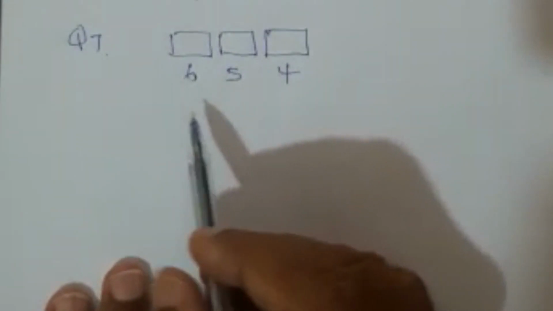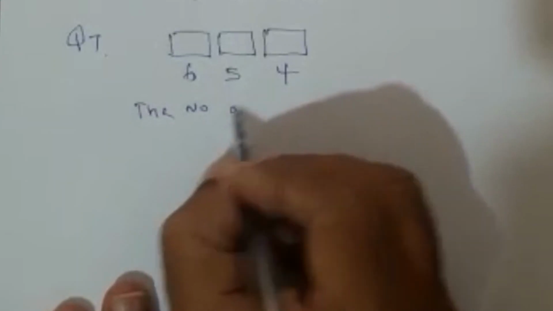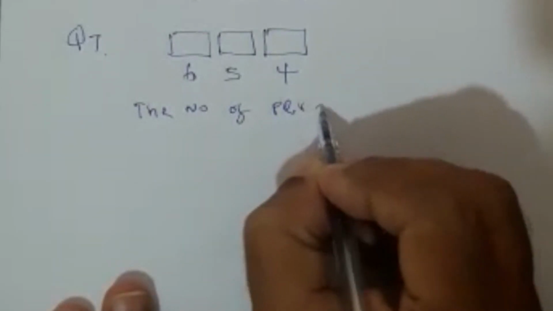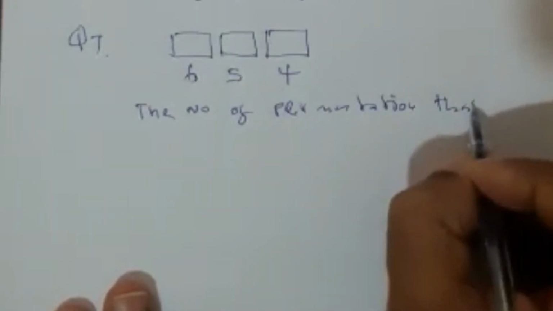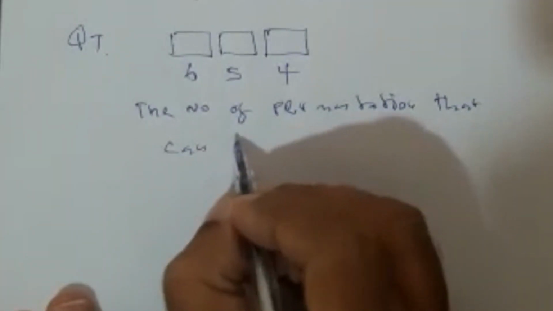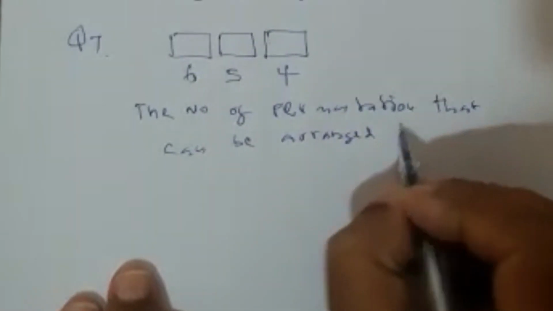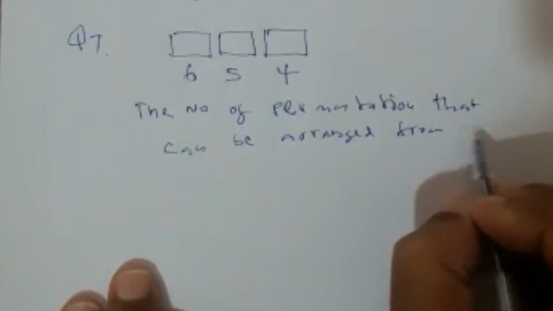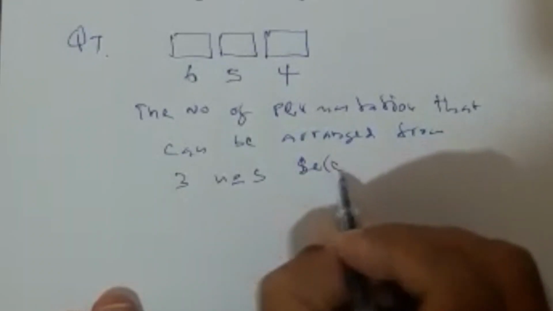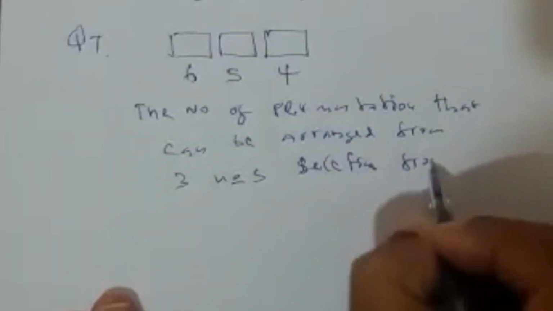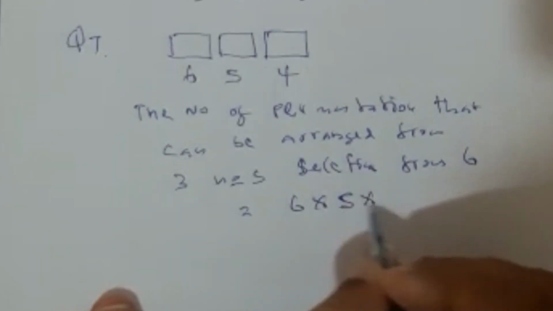So the number of permutations that can be arranged from 3 numbers, selecting from 6, is going to be 6 into 5 into 4.